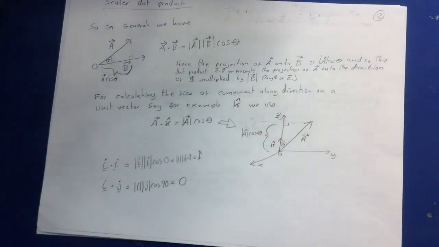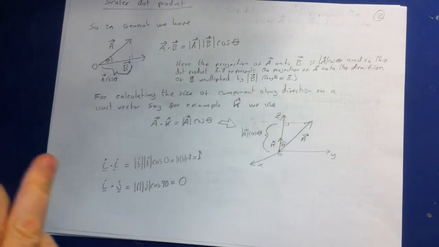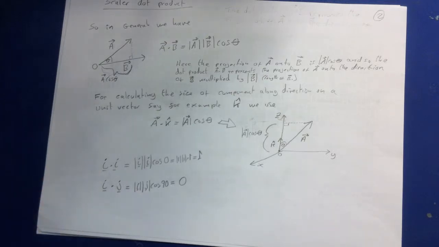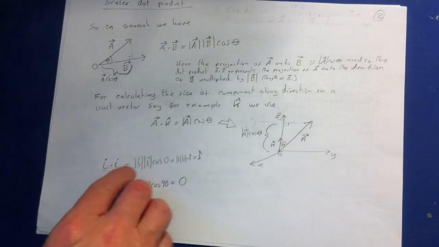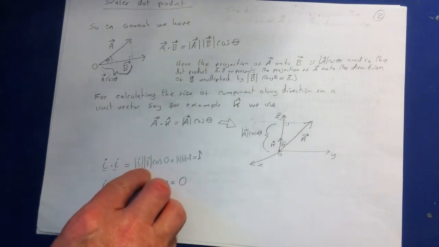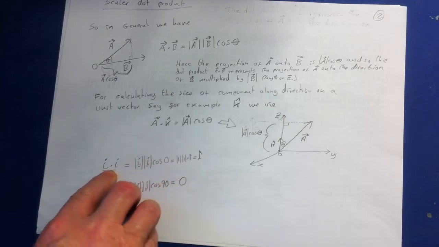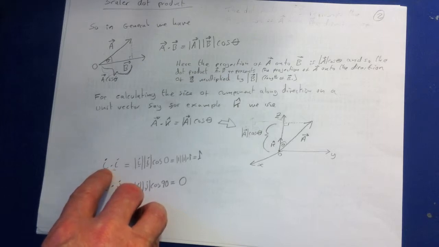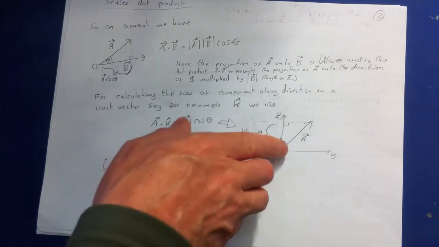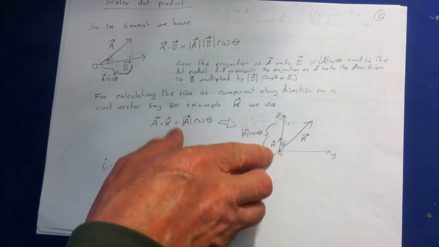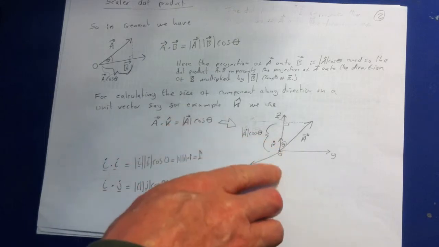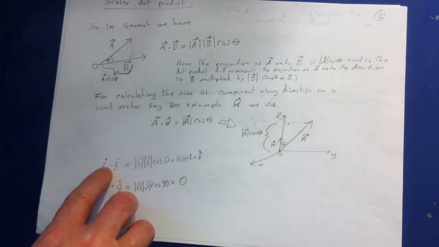So just to give you one very simple example of using this with unit vectors: I dot I equals the magnitude of I times the magnitude of I times the cosine of the angle between them. Now, if you dot a vector by itself, in this case if you dot I, which is going in the x direction, by itself, then obviously the angle between those two is 0.